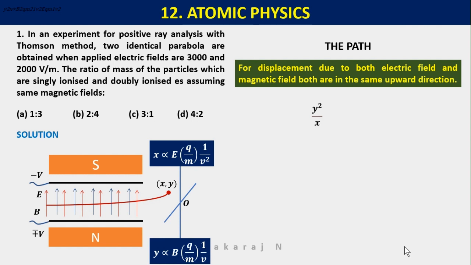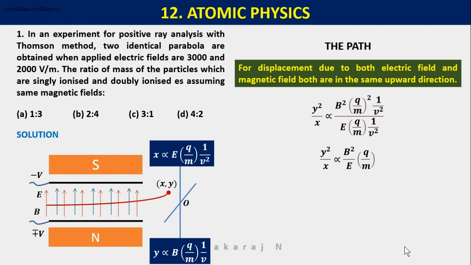So let us go with y square by x proportional to B square multiplied by q by m square multiplied by 1 by v square, divided by E multiplied by q by m multiplied by 1 by v square. So y square by x proportional to B square by E times q by m, as 1 by v square on upper and lower sides get cancelled, and one q by m gets cancelled.